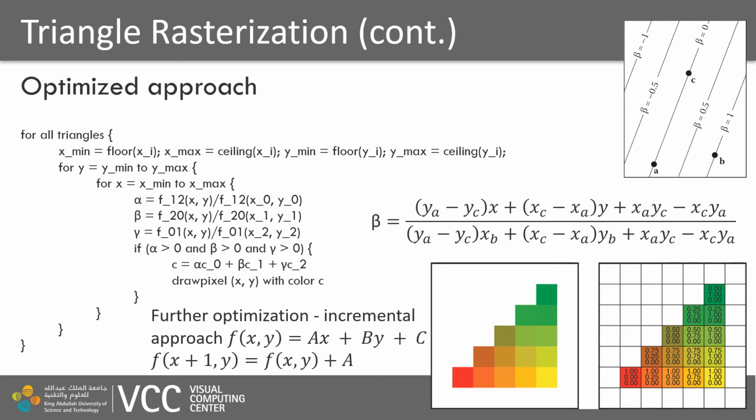This approach is an unfortunate one, although it is clean, because it's very, very inefficient. Keep in mind that for each triangle we have been iterating through the entire screen, and this was absolutely not necessary.